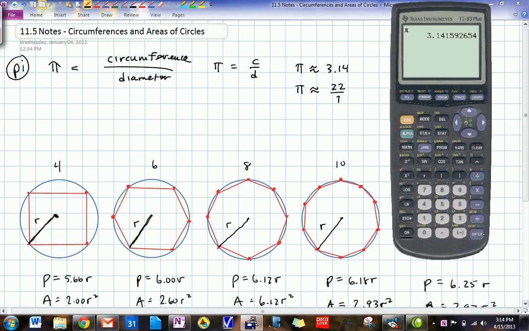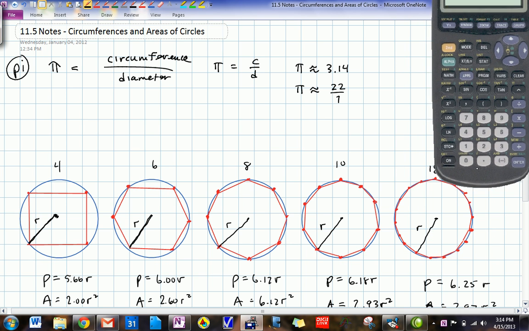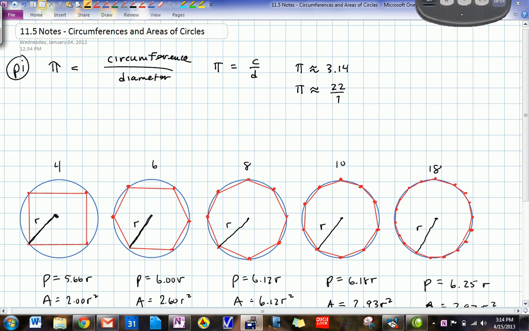If I press enter, then you can see this out to 1, 2, 3, 4, 5, 6, 7, 8, 9 decimal places. So that's a very close approximation for pi. So when we want to do a decimal answer, we're going to use the pi button on our calculator, not just the 3.14.